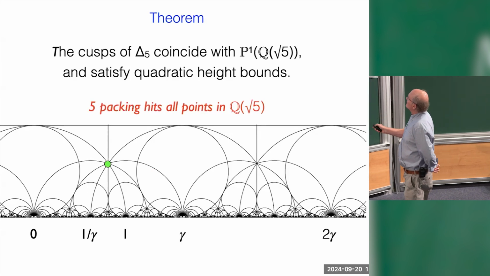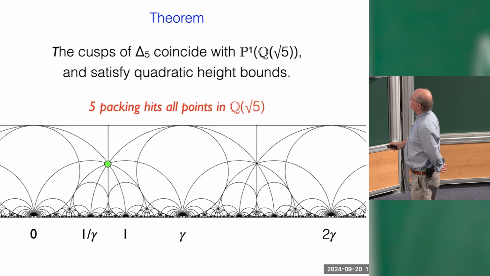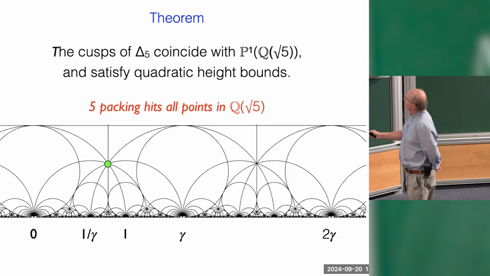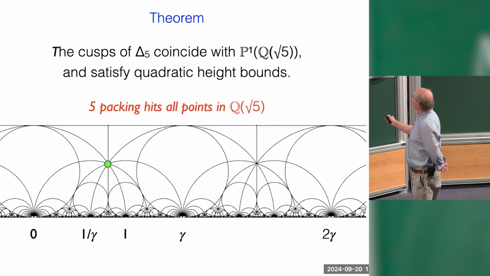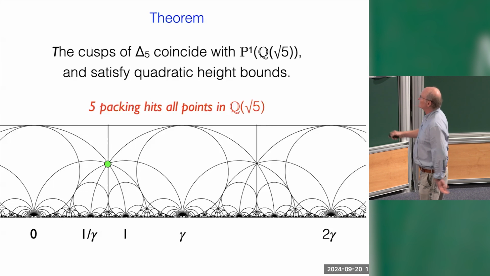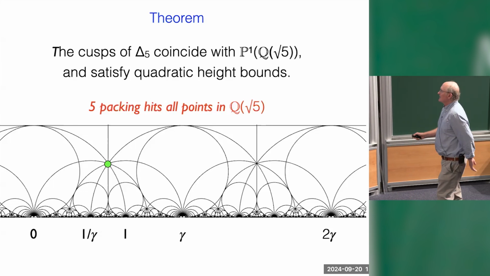So how would you construct the cusps of this delta 5 group geometrically? One way is to notice that if we think of the region above this line as a circle, there's 5 circles packed around this green point. 1, 2, 3, 4, 5. And they're packed symmetrically in the sense that there's a Mobius transformation that cyclically permutes them.